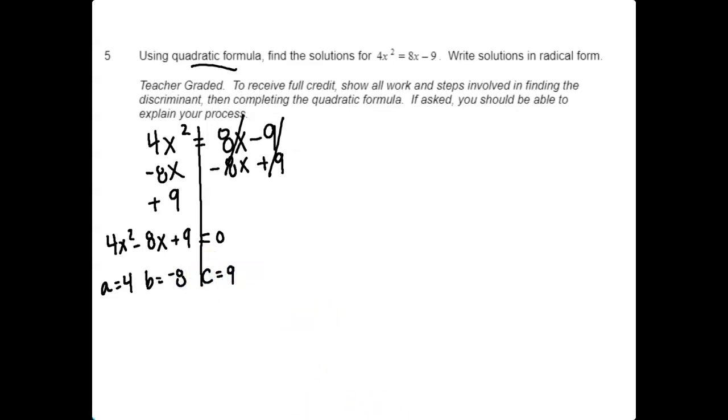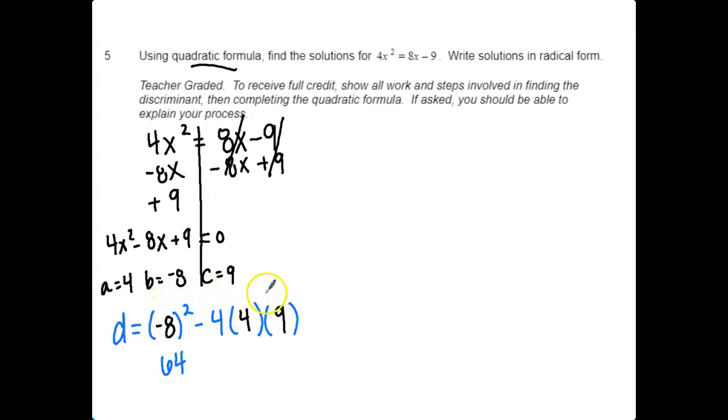All right, we need to find the discriminant. So I know the discriminant is equal to b squared minus 4 times a times c. So -8, 4, and 9. All right, -8 squared is going to be 64 because a negative times a negative is a positive, and 8 times 8 is 64.